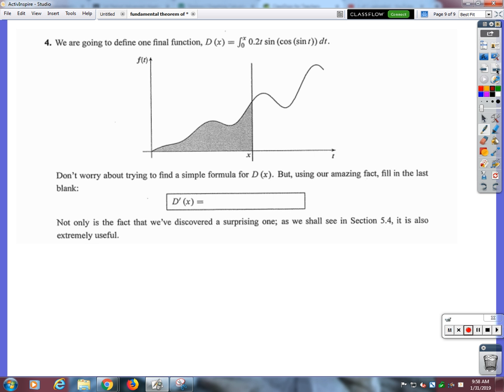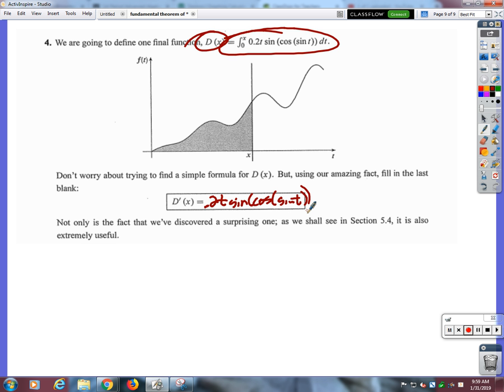The question is, if I take the derivative of d of x, what do I get? 0.2t sine of the cosine of the sine of t, because derivatives and integrals are inverses of each other, just like addition and subtraction, just like multiplication and division.